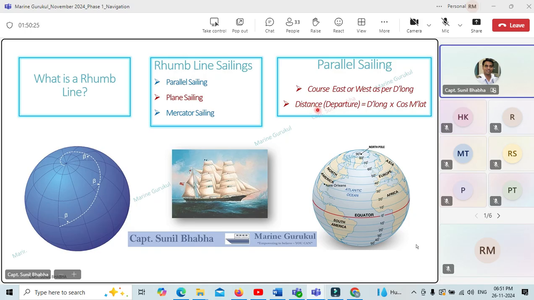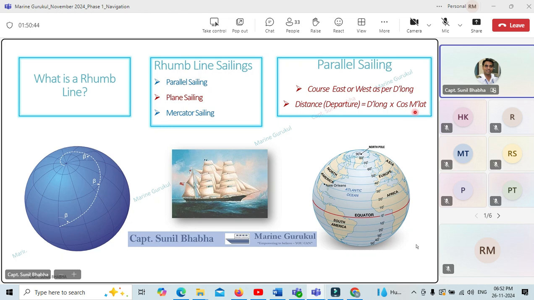The distance covered by the ship is given by the formula for departure. Departure is equal to d-long into cos of m lat. So we get the d-long between the two positions multiplied by the cos of latitude.